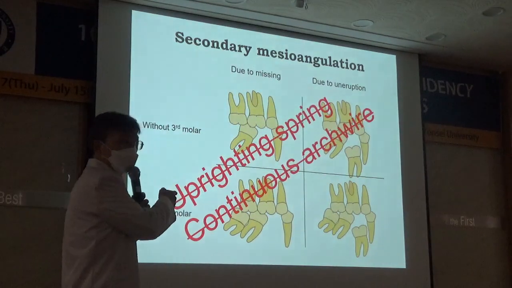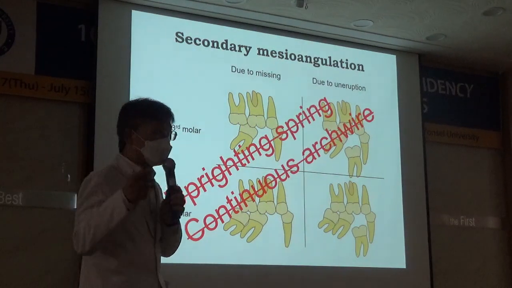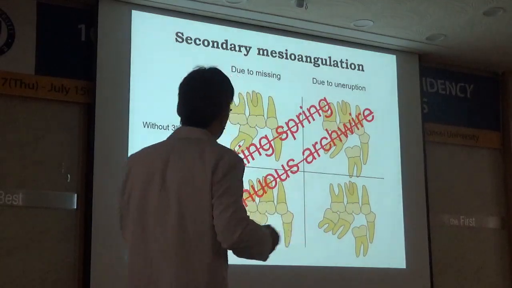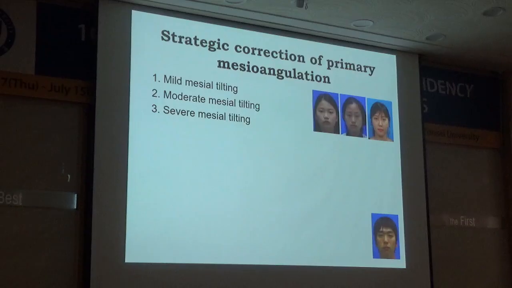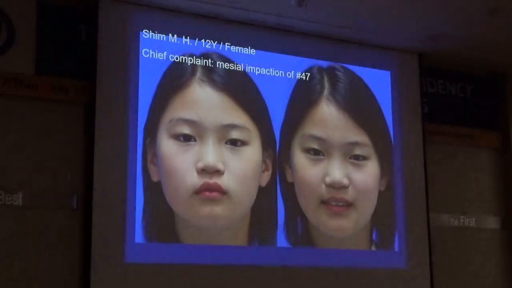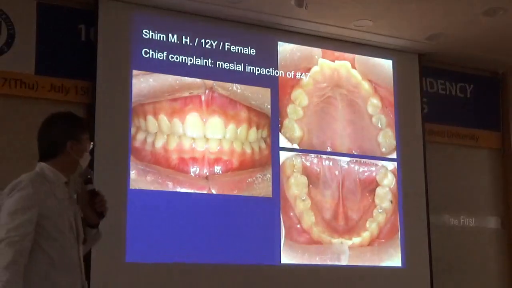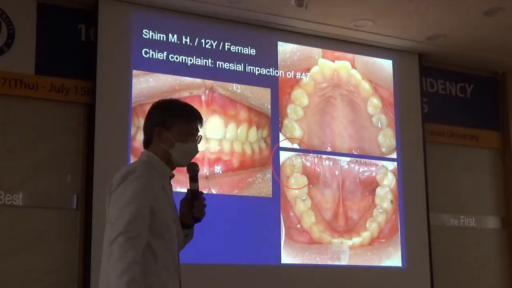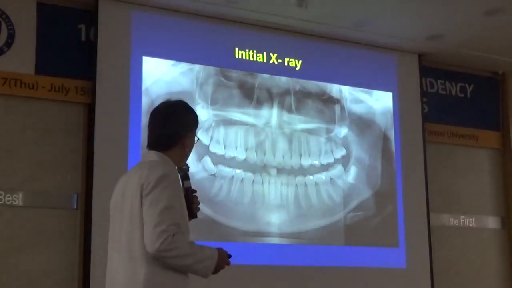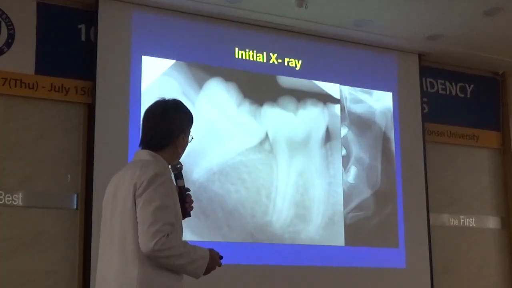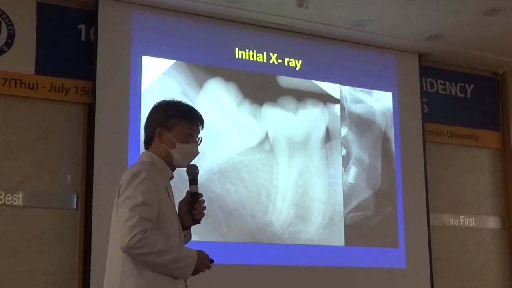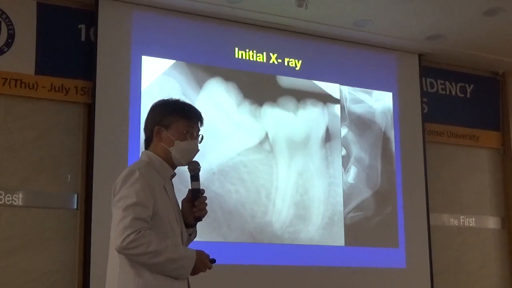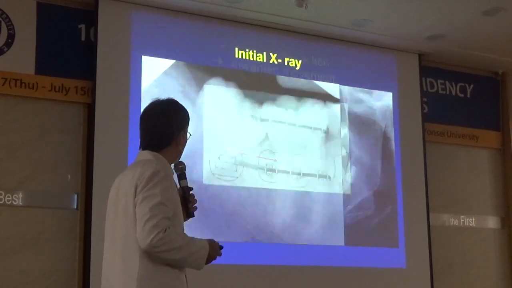This is not going to work. Uprighting spring, continuous arch wire, neither of them would work. Before we discuss that, I'll show you a couple of cases. This was published in the Journal of Clinical Orthodontics long ago, but still I have to explain it one more time for a drill.